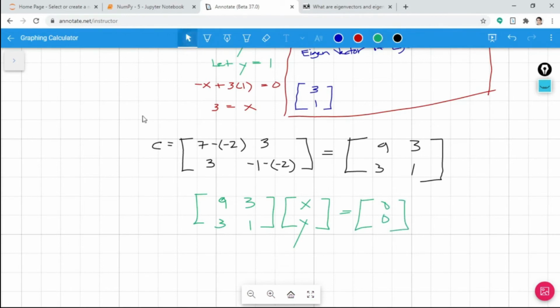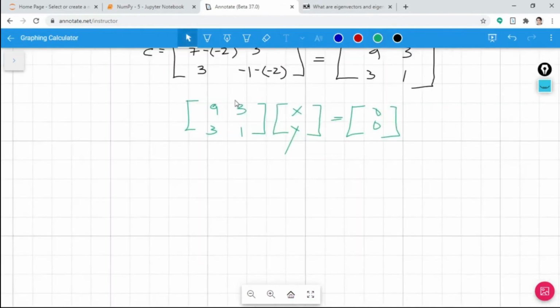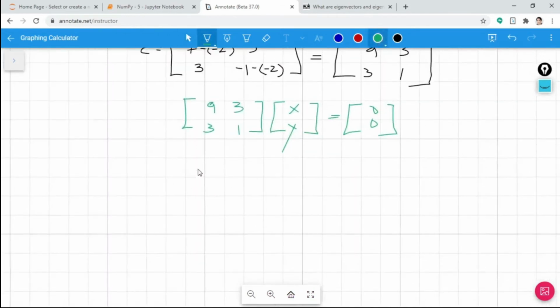So what will be the result? Okay, so again, we use the specific equations. So this one is 9x plus 3y is equivalent to 0. Okay, so next one is 3x plus y, I mean.